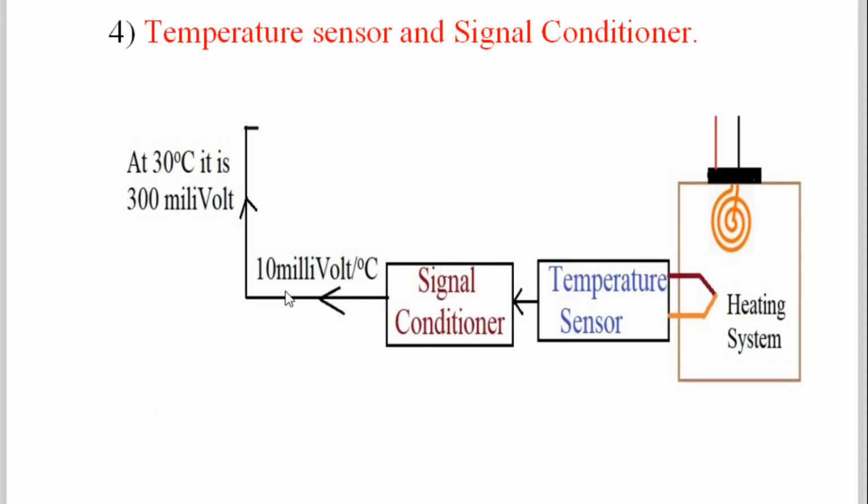That's why it is written per degree centigrade. For this example, at 10 millivolt per degree centigrade, suppose the room temperature is 30 degree centigrade, then the output will be 300 millivolt. And this is the last block in our on-off controller using an operational amplifier.